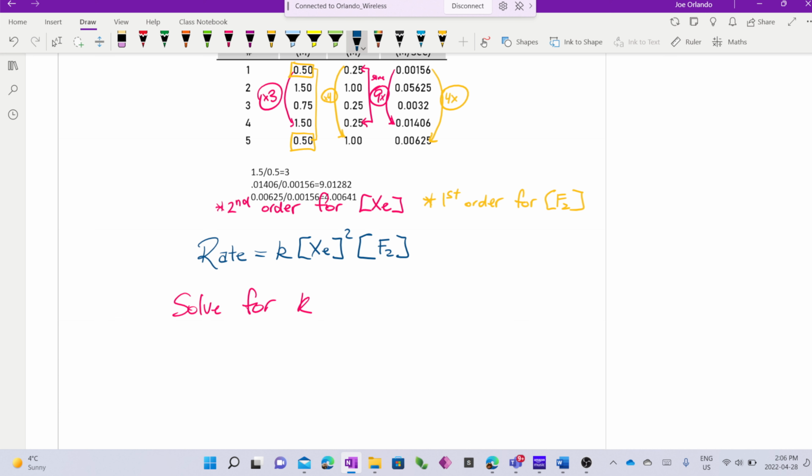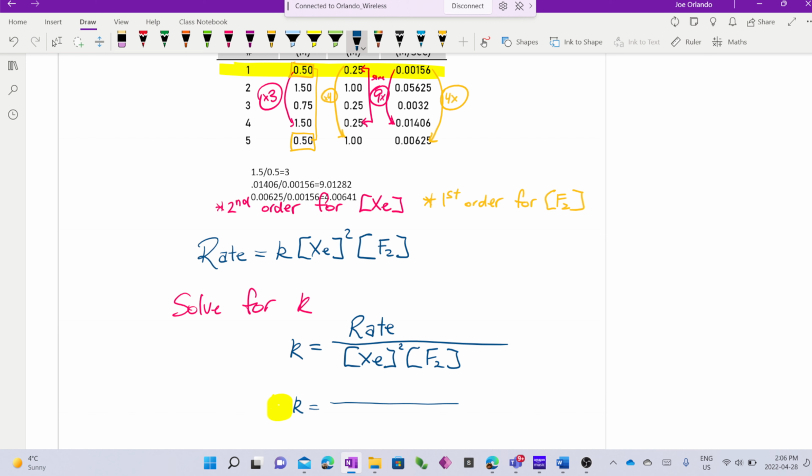And so we would get K is equal to the rate divided by the concentration of xenon squared times the concentration of fluorine. Do we care what example we use? They all suck. The first one. First one it is. This one I stole from a textbook, shamelessly.